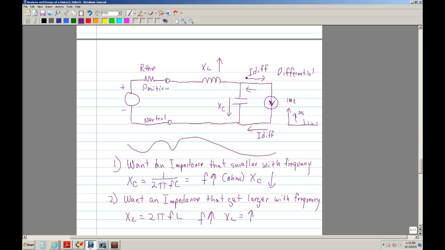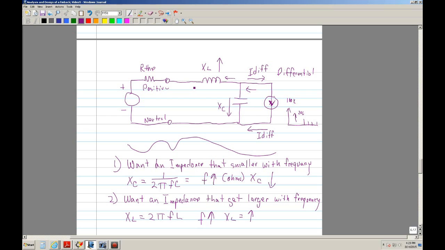So basically this current, it tries to follow the path of least resistance. It's a noise. So it sees this impedance here, and as the frequency gets higher, this impedance gets bigger while this impedance gets smaller. So instead of it trying to flow through the inductor, it will instead flow through the capacitor, while at the same time this goes up.